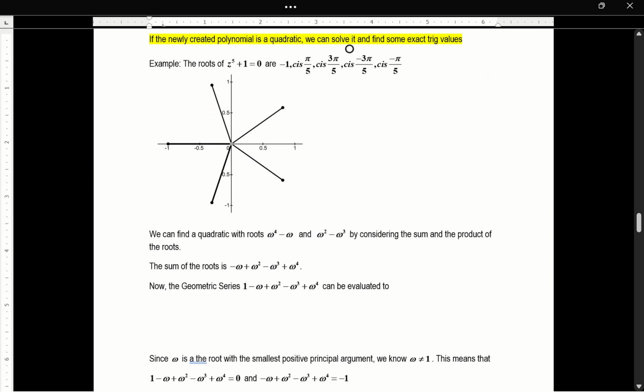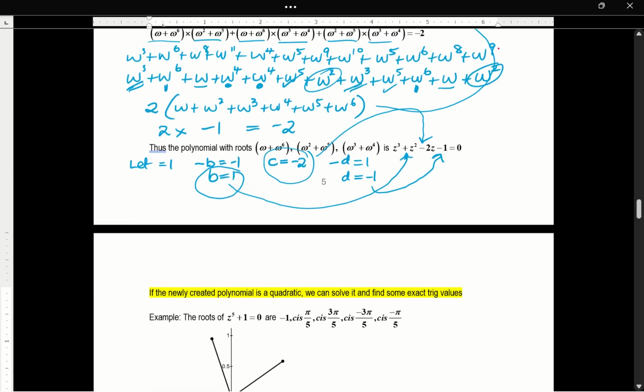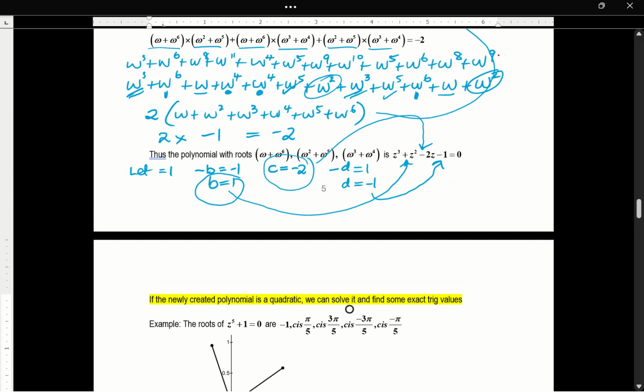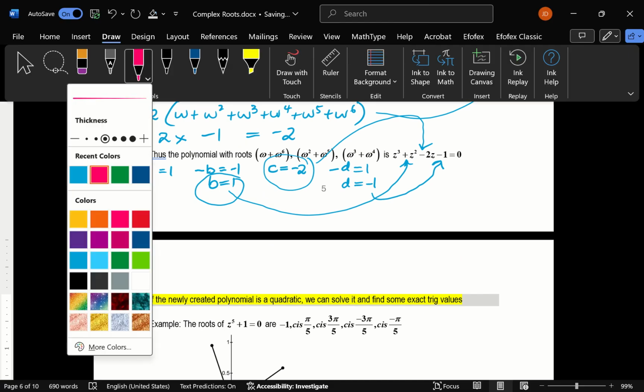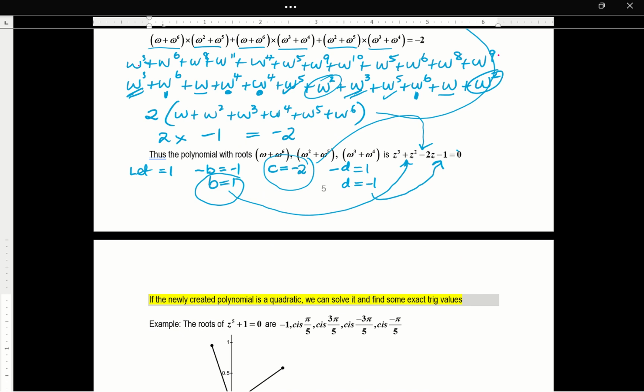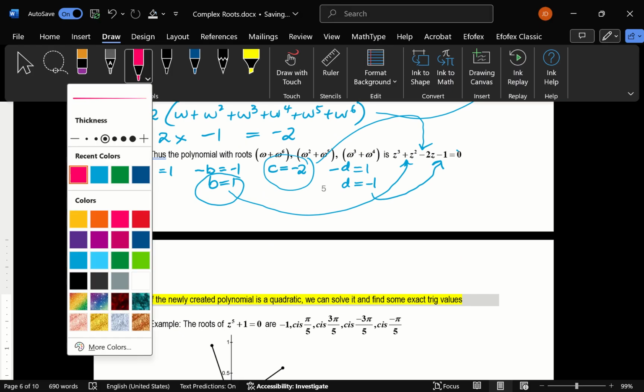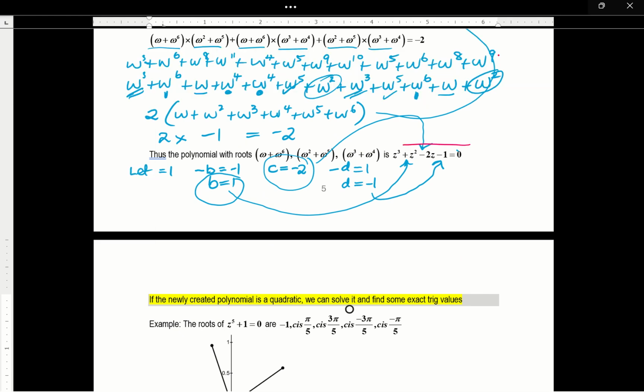Now, sometimes you can even take it a bit further and work out some exact values. It's a bit hard with that last polynomial we just found, which is this one here. How do you actually solve that?